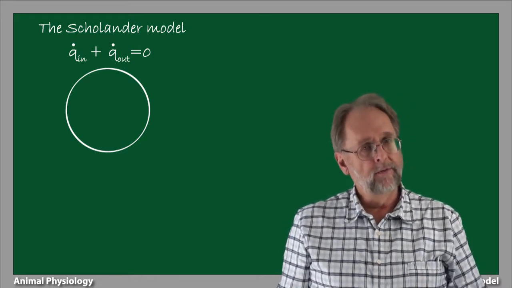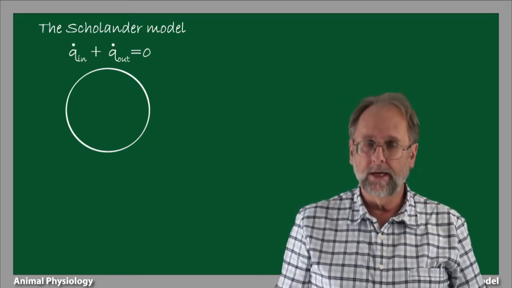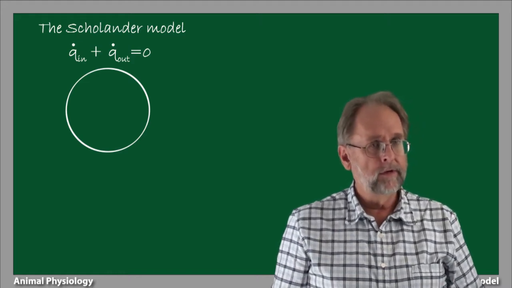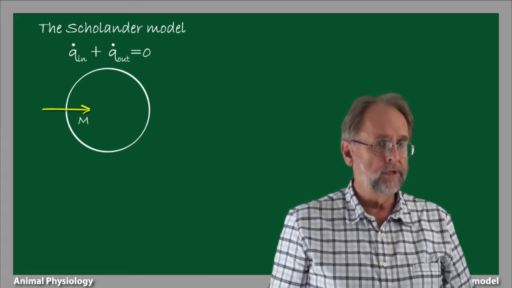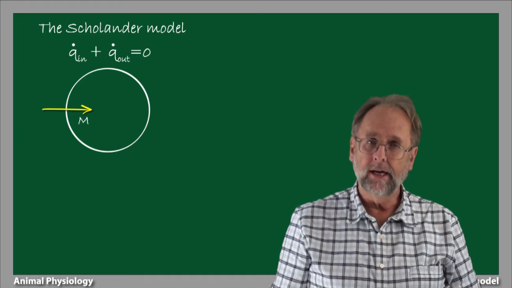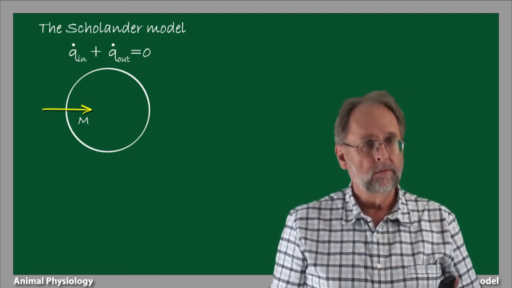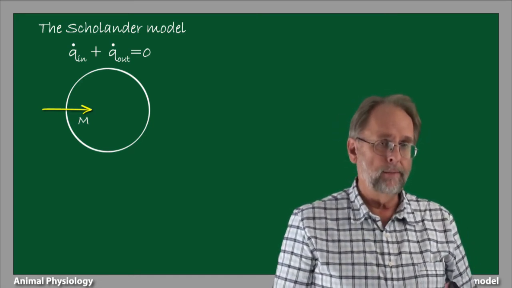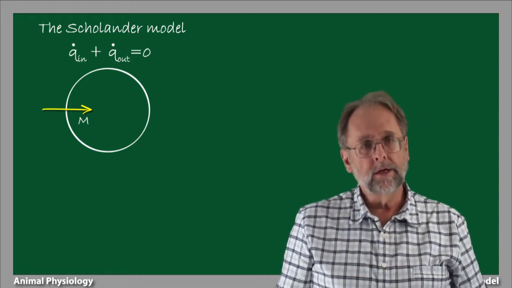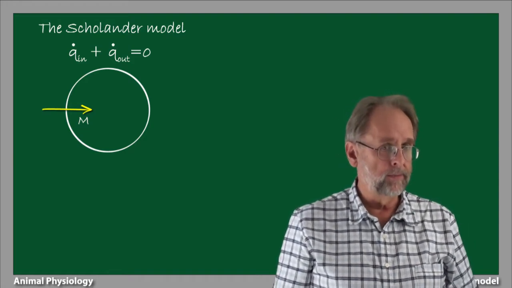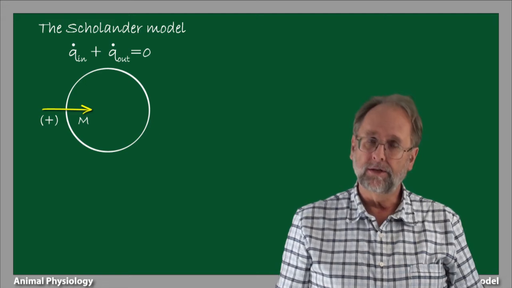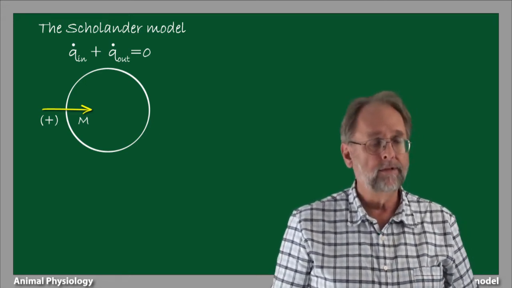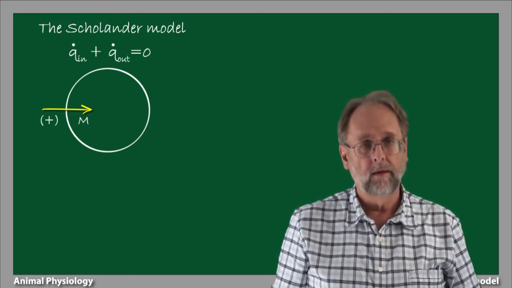Now, let's break down these fluxes of heat in a bit more detail. We've already mentioned the importance of metabolic heat production, which is always a heat input to the body, which we will symbolize with the letter M. We're keeping our sign convention from the previous example, namely saying that all fluxes of heat into the body have a positive sign.